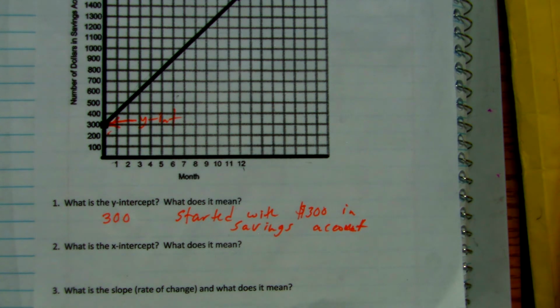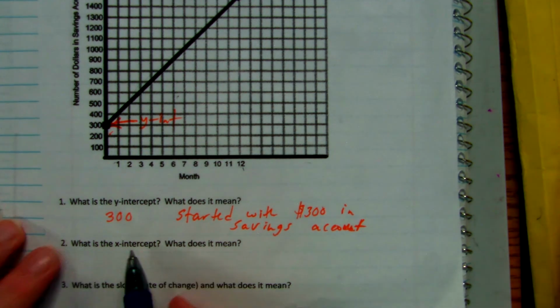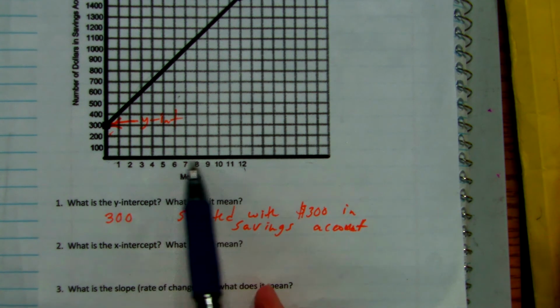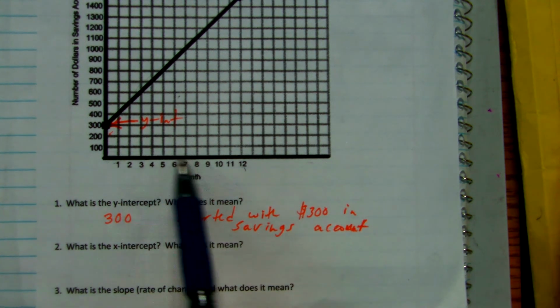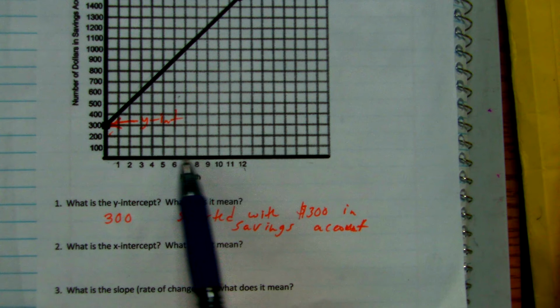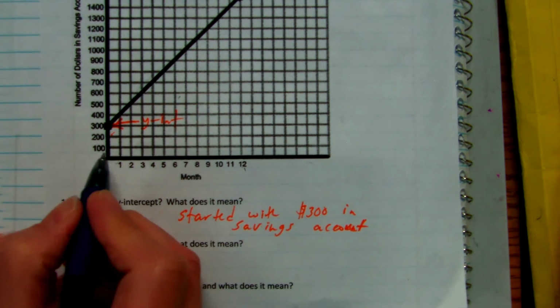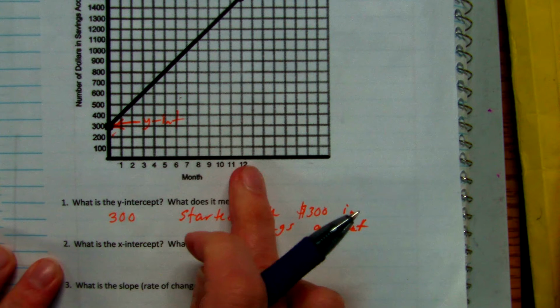All right, now this is a tricky one. It says, what is the x-intercept? So is it crossing the x-axis over here at all? No, but I'm going to show you something. They're not giving us the whole graph. They're only showing us 1 year.